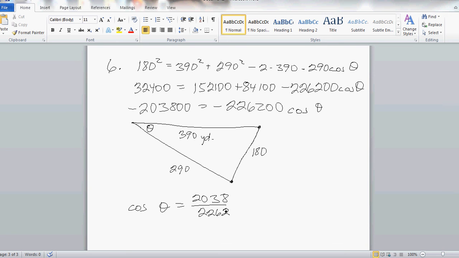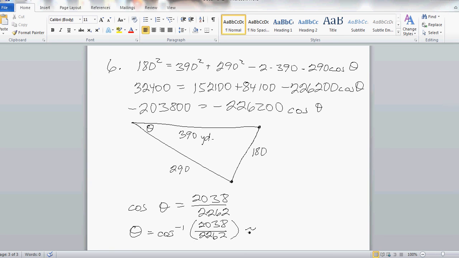It would reduce or simplify further, but really all we need to do is take the arc cosine of this. I will guarantee nowhere does this fraction show up on our table.